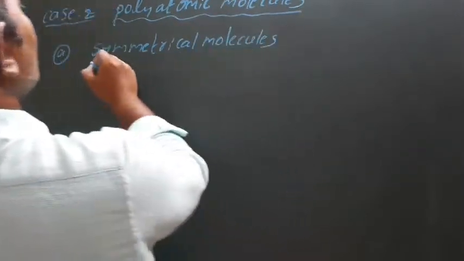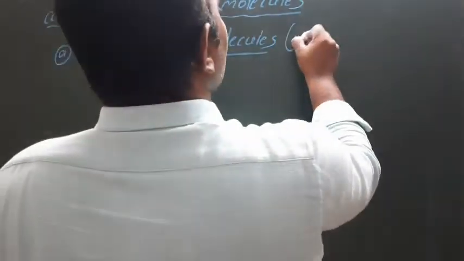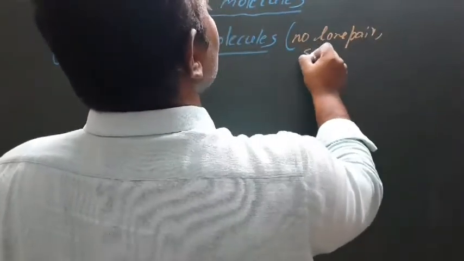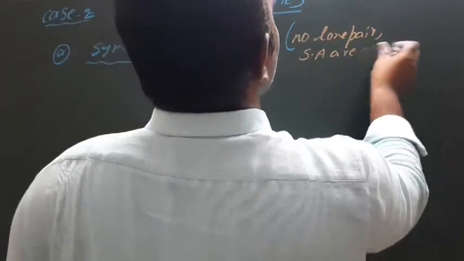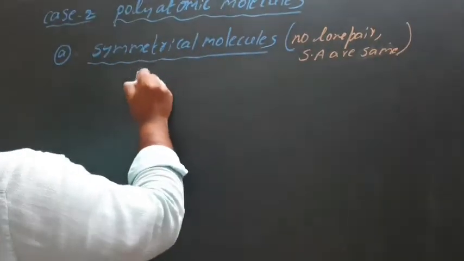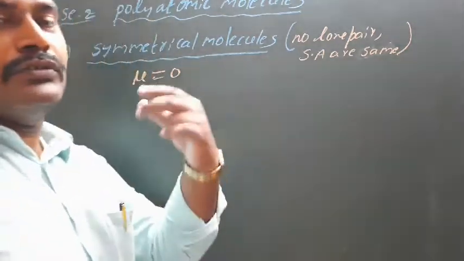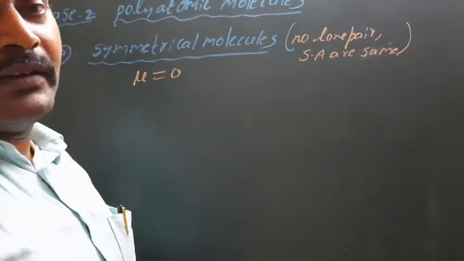When we say symmetrical, there is no lone pair, and all the surrounding atoms are the same. In all these cases, mu is always equal to 0. In polyatomic molecules with the central and surrounding atoms the same and without lone pairs, they get regular geometry without deviation. In those cases, dipole moment will be equal to 0.